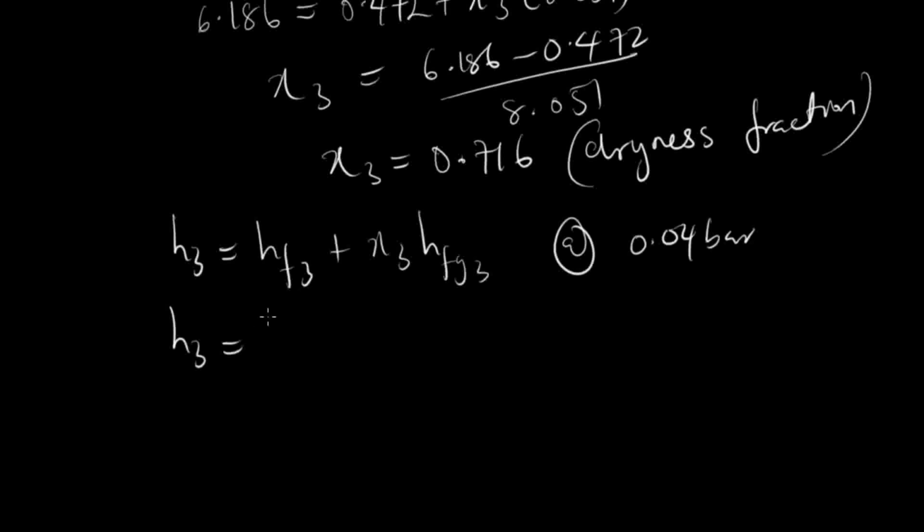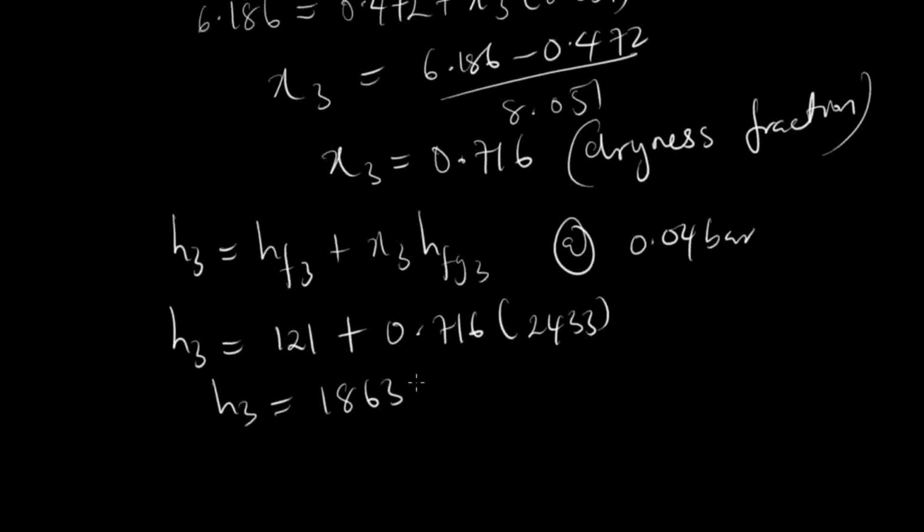You find your hf3, which is 121 plus 0.761 into 2433. So h3 will now be 1863 kilojoules per kilogram. Alright, so we are done with state 3.